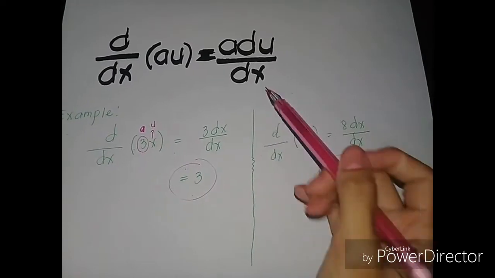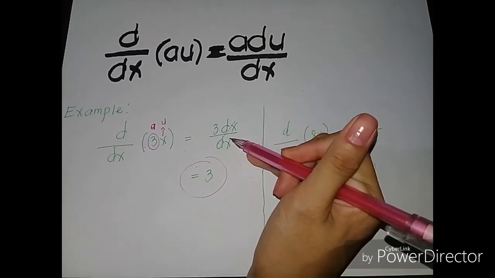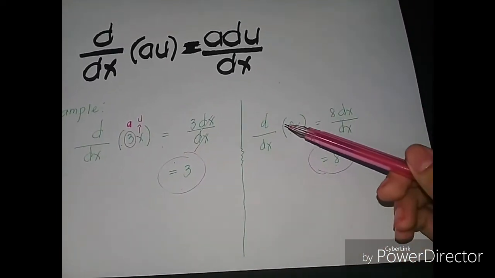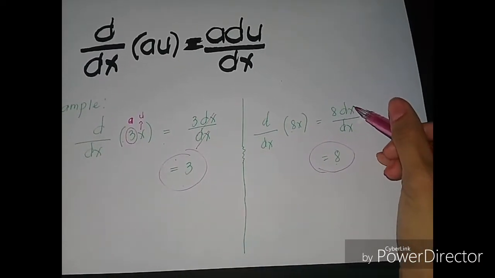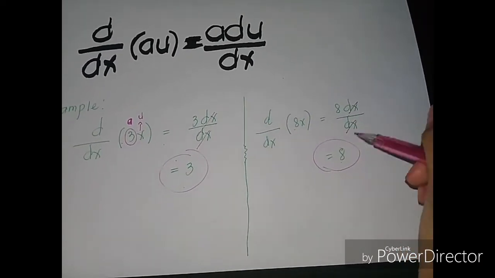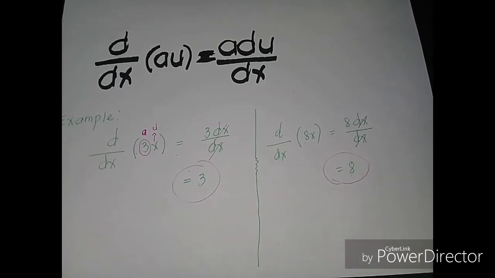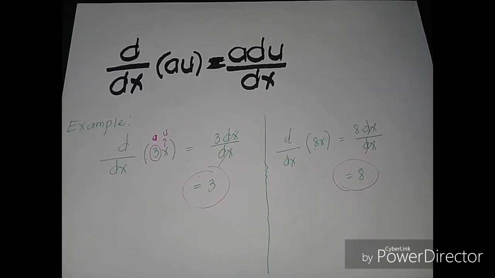We have 3 times derivative of x over derivative of x, and we can now divide it out, leaving us with 3. Same as with the next example. We have now to divide out, and we have 8. In this case, if u is equal to x, therefore the derived function would be the constant.